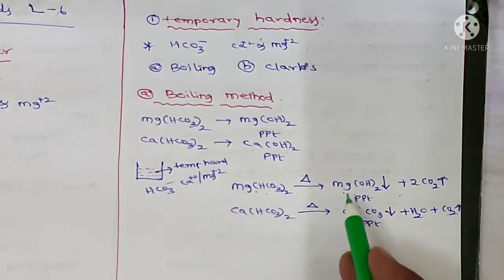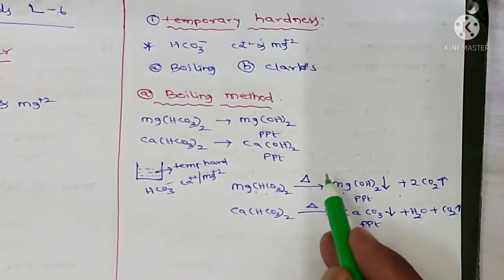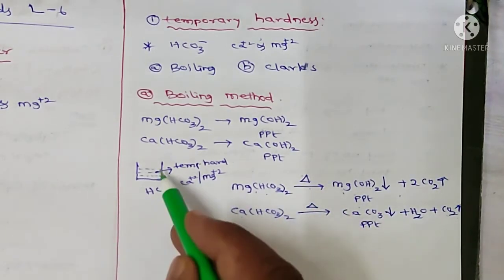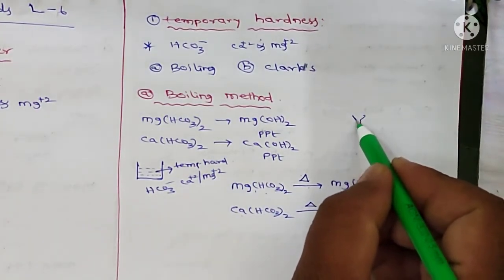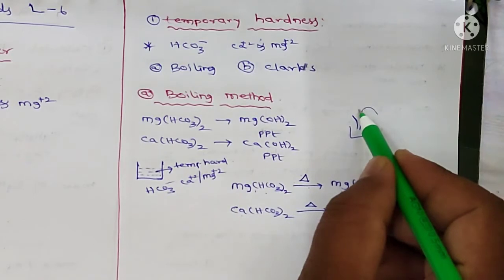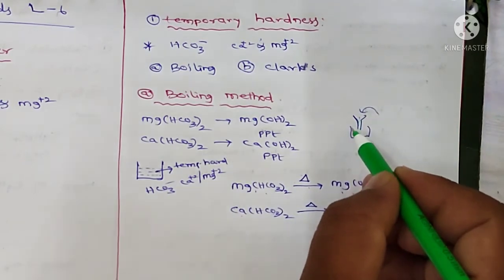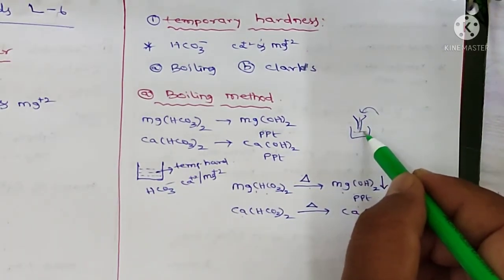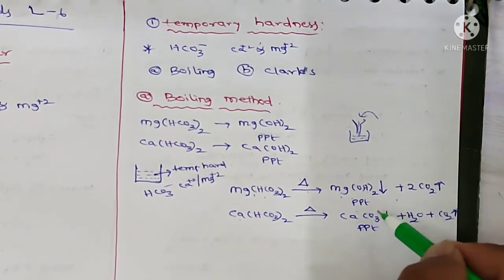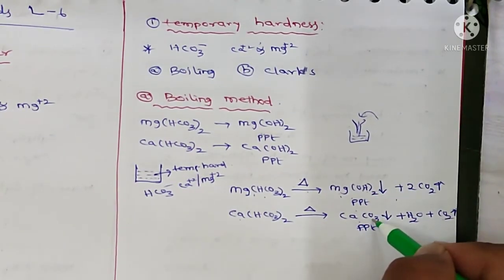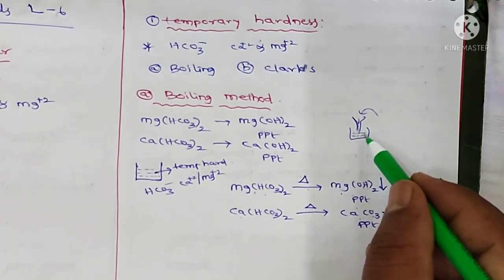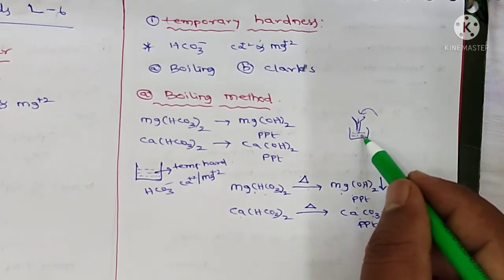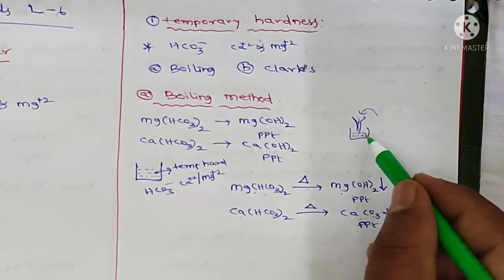So that PPT will be removed by the filtration. I take that water and filter it. If I filter that water, the magnesium hydroxide and calcium carbonate will stop in the funnel, and the water that comes down is called soft water, because in that soft water there are no magnesium ions and calcium ions.